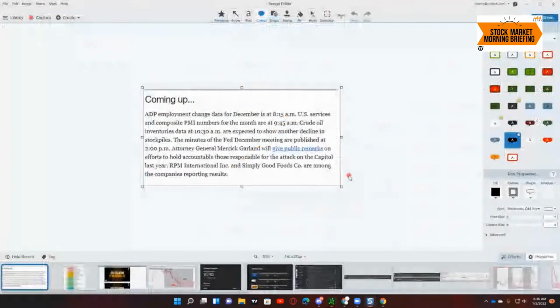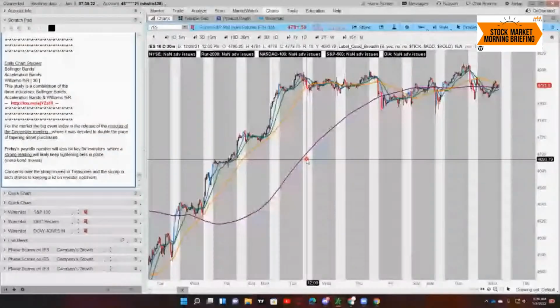I took this screenshot from Bloomberg's 5 things you need to know. Nothing too big, right? Autos are kind of doing good. That was another thing they mentioned.